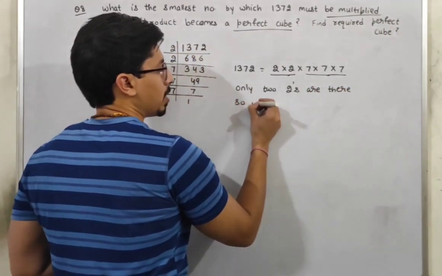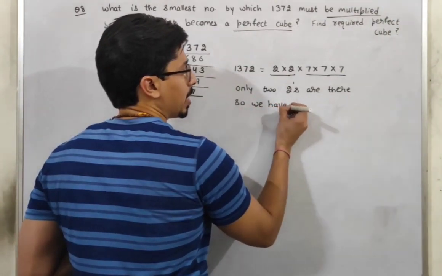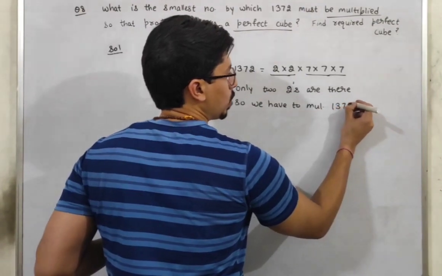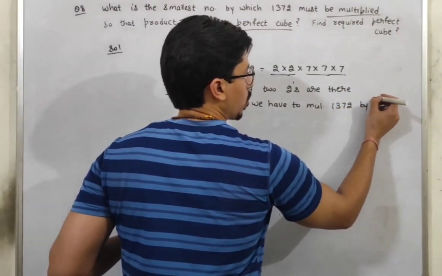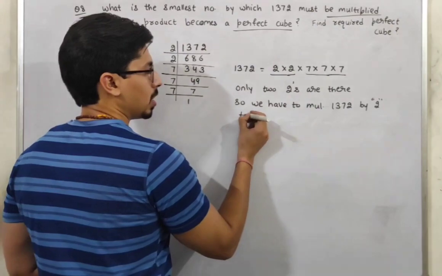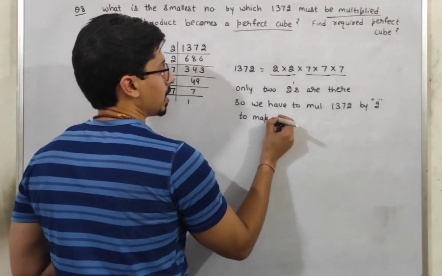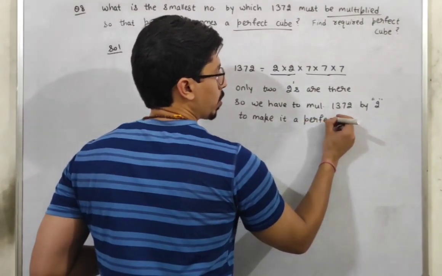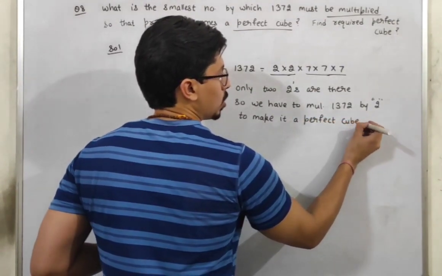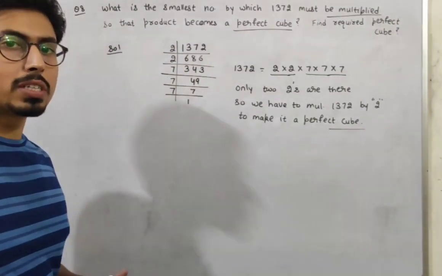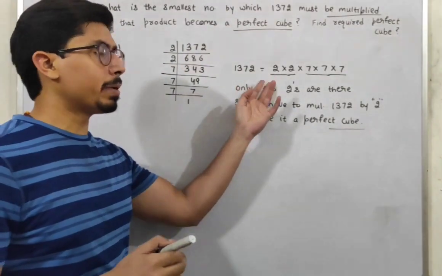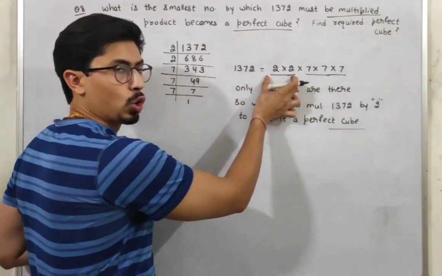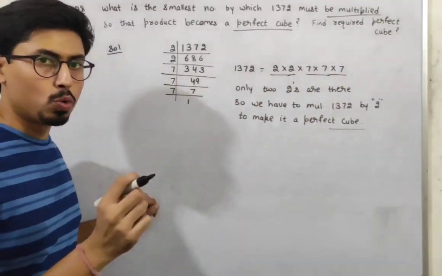So we have to multiply 1372 by 2 to make it a perfect cube, students. Okay, so the required answer is 2, students, and if I just multiply it by 2, then we get a group of 2s and a group of 7s.